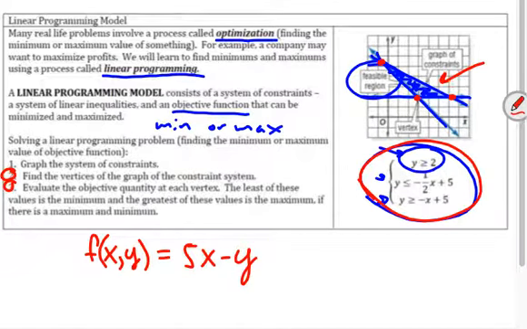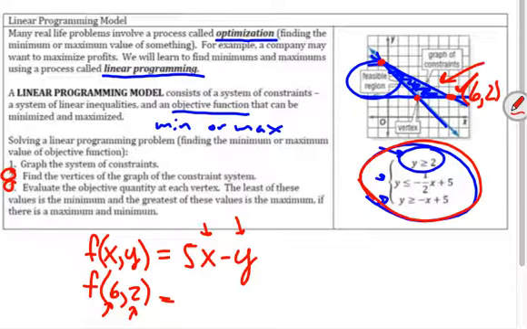So we have our constraints and we have it graphed. This is our feasible region. I'm going to pick a point on there. I'm going to pick this point right here. That point, sorry, is 6, 2. If I plug that into my minimum maximum function, I'd be finding f of 6 comma 2. So I'm going to plug in 6 for the x right here and 2 for the y right here.